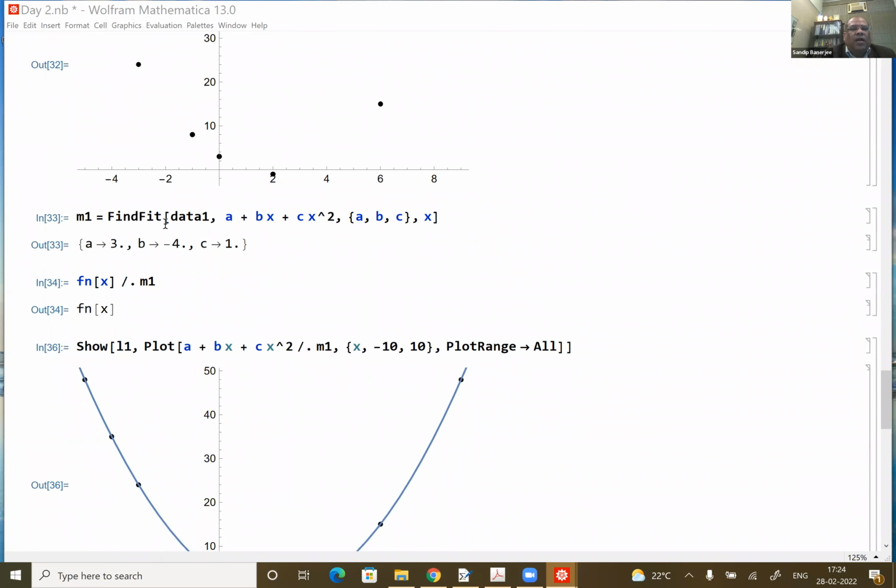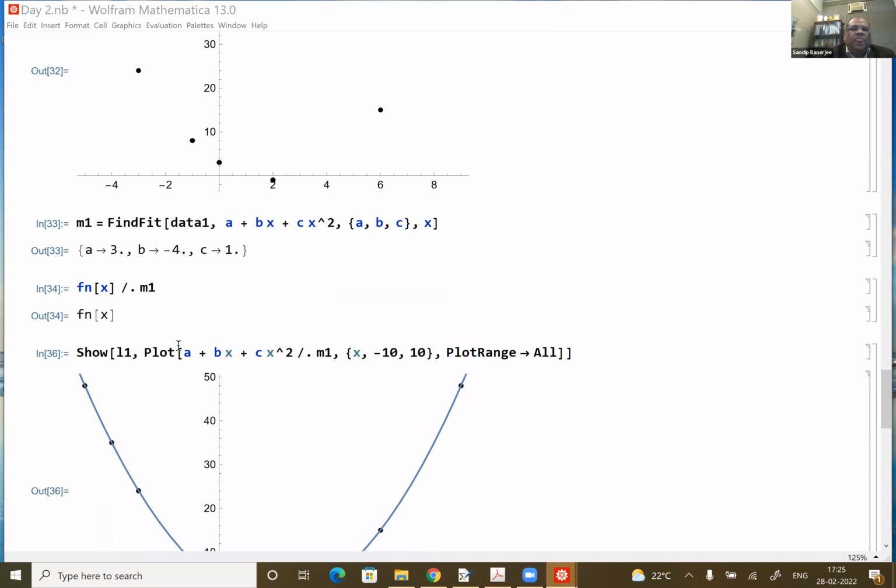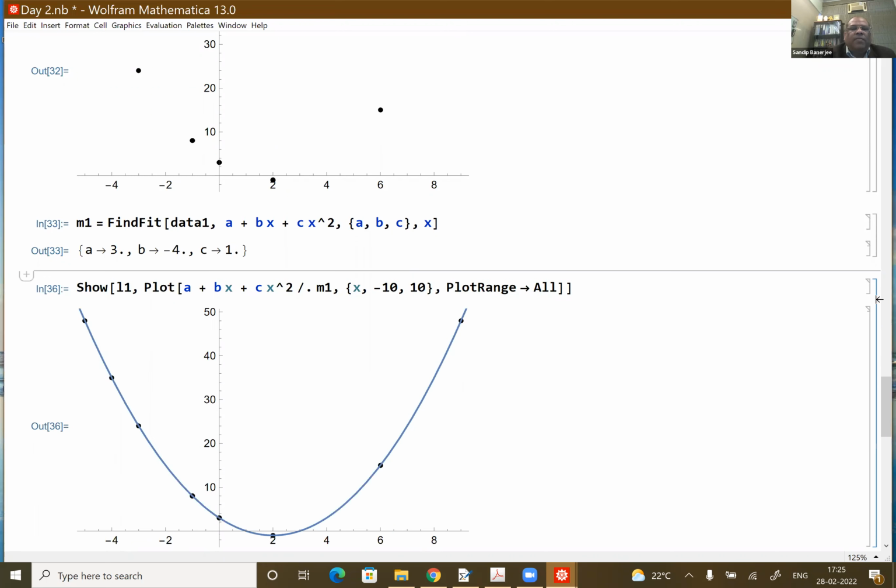Now I use the command find fit and use a certain method to estimate the parameters, like least square method, mostly it uses that. And then I got this value. Then you can forget this step.